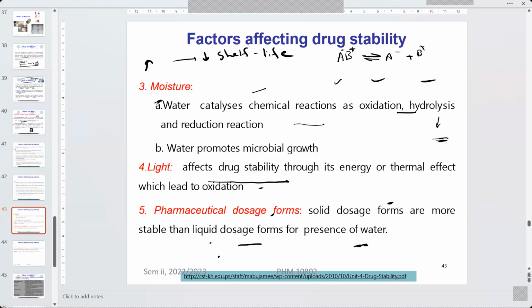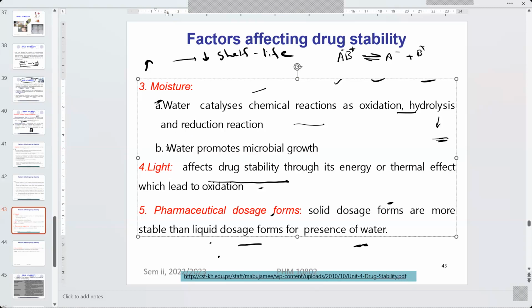But a syrup containing a high concentration of sugar has sugar as a preservative. But for an aqueous injection or aqueous solution that doesn't have a high concentration of sugar, you need to add preservatives so that you prevent the growth of microbes, either bacteria or fungi.